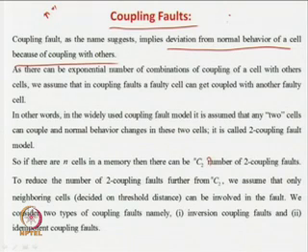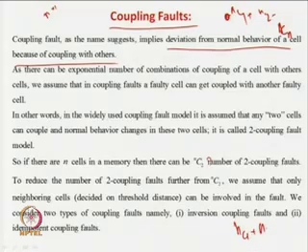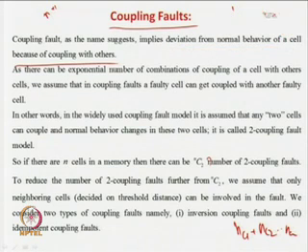Then the faulty cell may get coupled with one cell, any one of the n, so that is nC1. It can get coupled with 2 cells, that is nC2, and it can go up to coupling with all n other cells, nCn. So the number of coupling faults is nC1 plus nC2 up to nCn, which is extremely high. The number of all possible fault cases will be exponential, so you cannot go for that.